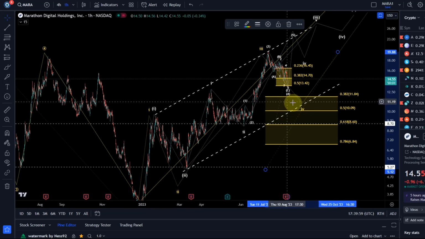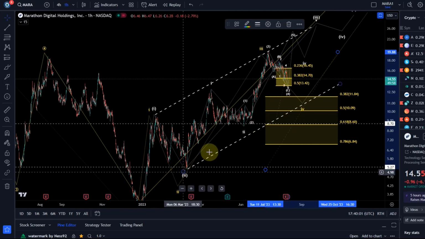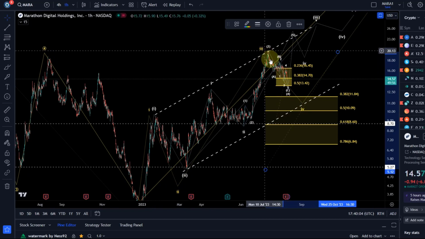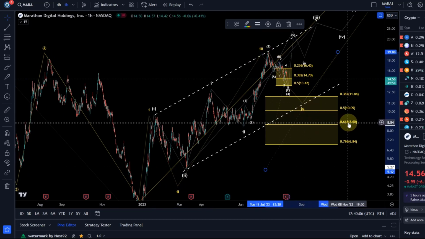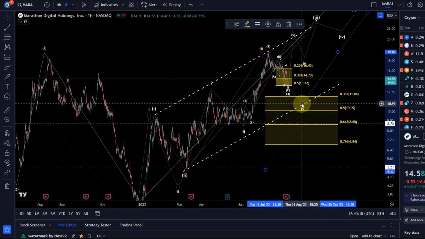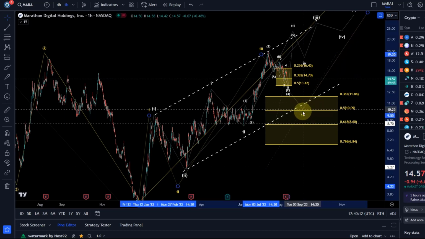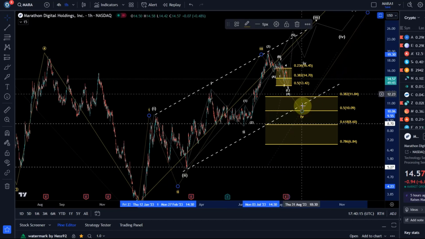Typically, in this scenario, we could allow for the wave 4 to come down to the 61.8 retracement at 860. That would be lower than I would actually want it though. Ideally not below $10. This would be my alternative wave count.